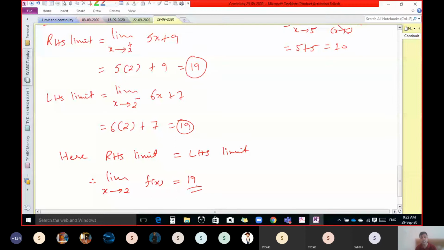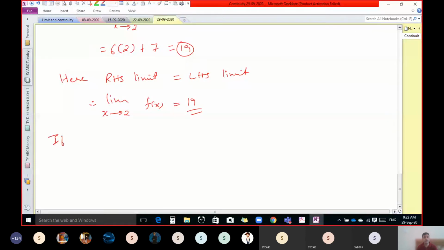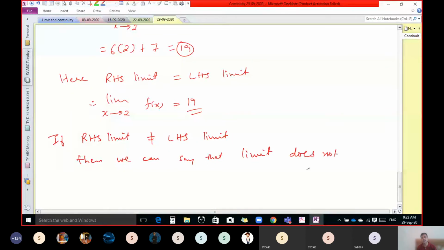And now the question is, if they are not equal, then what? So, if right hand side limit is not equal to left hand side limit, then we can say that limit does not exist.